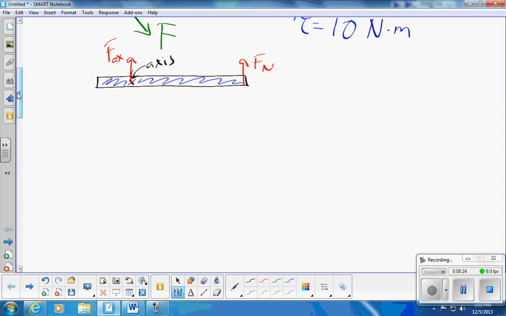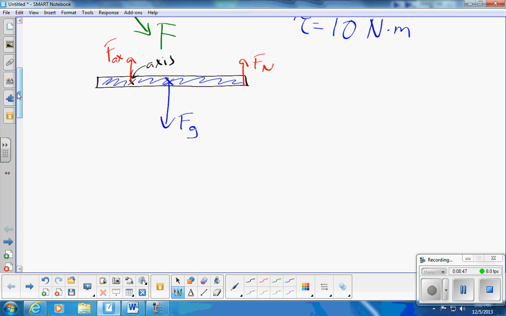I'm not going to put those 6 bazillion little force vectors on here. What I will do is treat the gravitational force as acting at the center of mass, which is in the middle of this stick. So when I draw the gravitational force, I draw it at the center of mass, and I can treat that force as acting at the center of mass when I'm calculating torques.